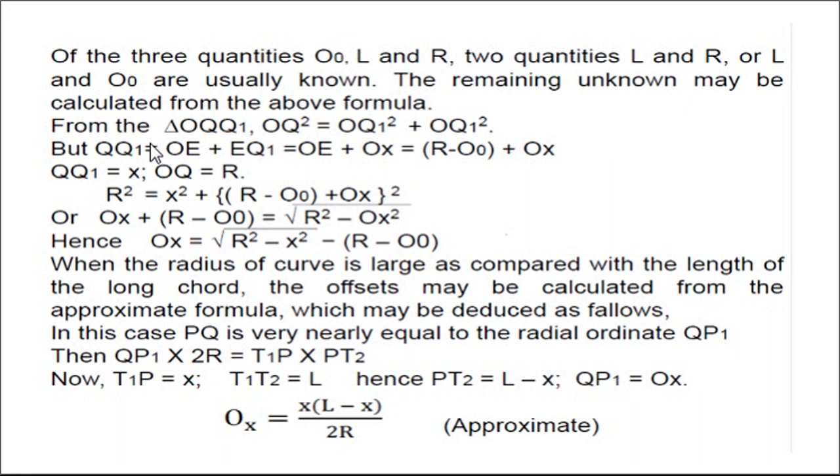Again, from the triangle OQQ1, it's a right angle triangle, so we can write OQ square is equal to OQ1 square plus QQ1 square. But QQ1 is equal to OE plus EQ1, which is equal to OE plus OX, and OE we have calculated already.